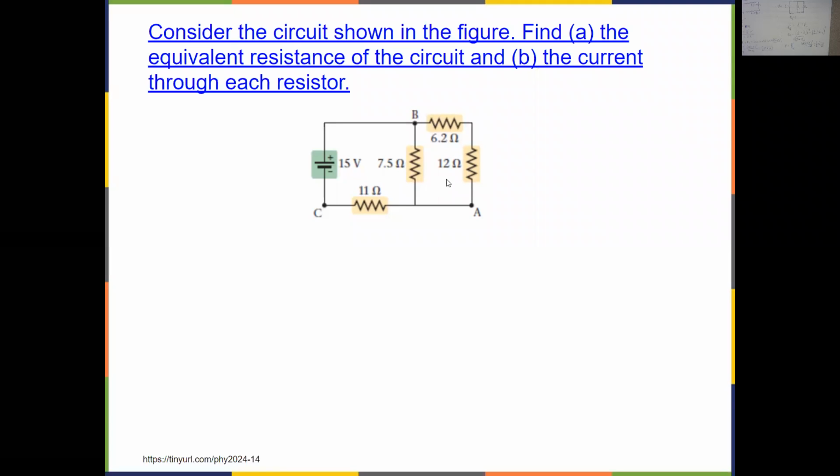Maybe you can focus on A first and look at which ones are purely in series or in parallel, then reduce it to a less complicated circuit and go step by step. Consult the example in the previous figure and try to see how far you can go on this one. Then we can look at the solution together in a couple of minutes.